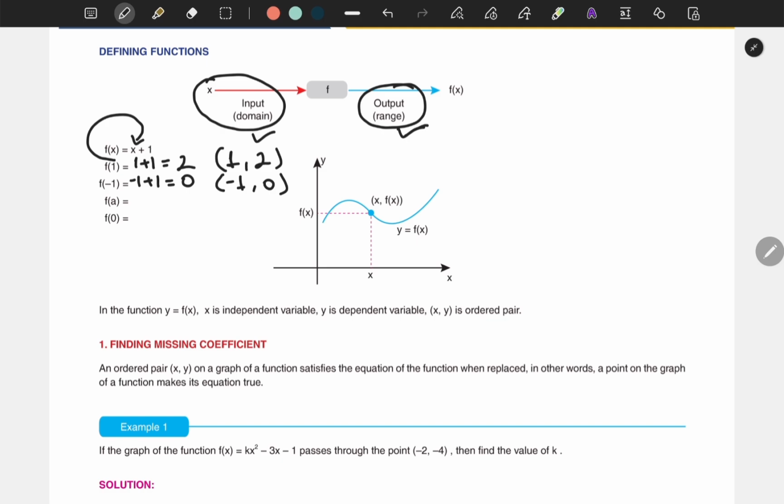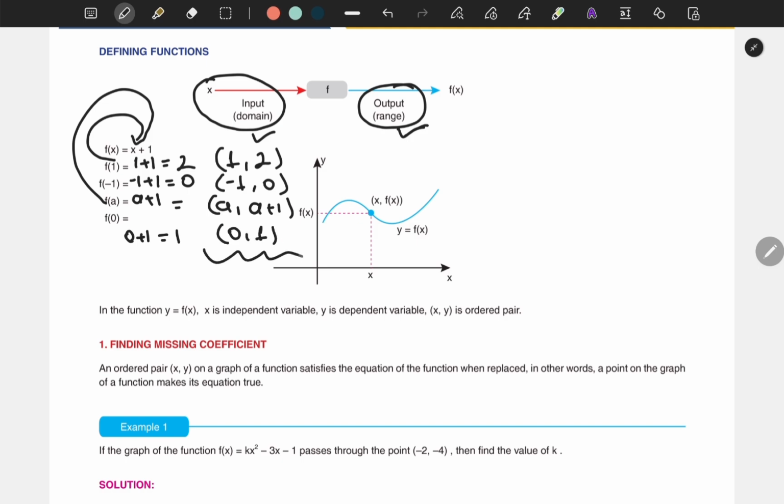Here I have a. If I replace x with a, guys, what will it be? a plus 1, isn't it? Which means I replace a, I get a plus 1. And then the last one, 0, isn't it? If I replace 0, 0 plus 1 equals what? 1. What I did, I replaced 0, I get 1.